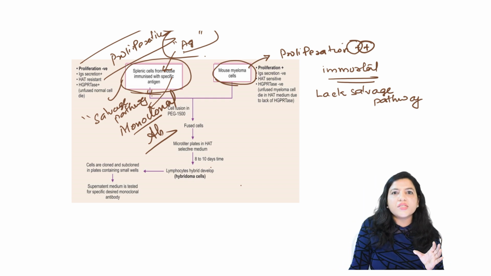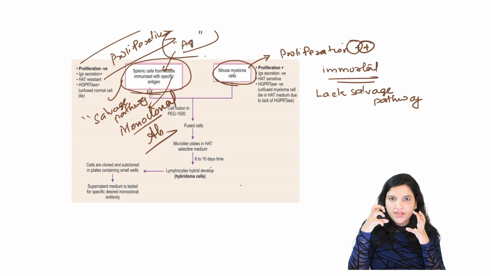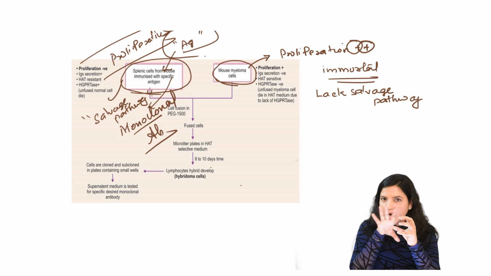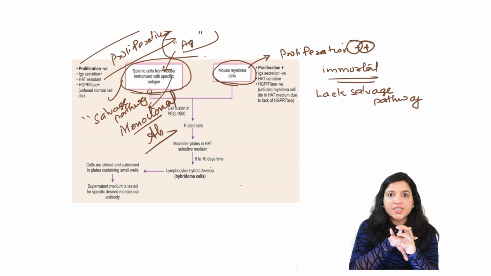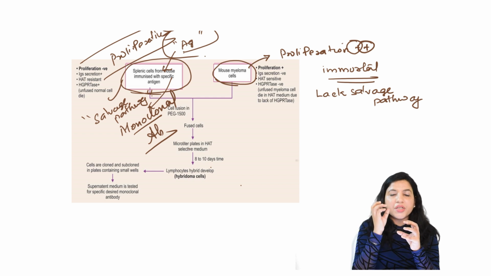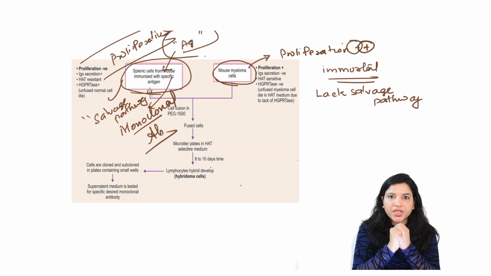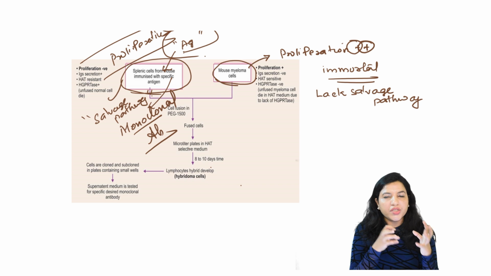So these two cells are fusing together, which means one cell which has an immortal nature or immense proliferation is fusing with the splenic cell, which is not immortal. But the splenic cell has the salvage pathway, so a source of purine is there even if we have an inhibitor of de novo purine synthesis.